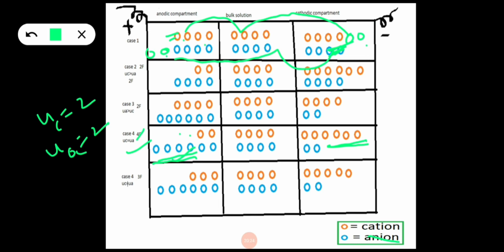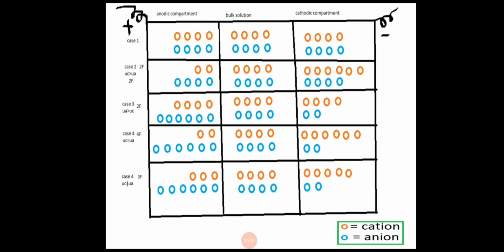And we are passing 4 Faraday of current. So the number of equivalents deposited at any electrode is equal to the amount of current passed. Or, as we already discussed, the number of equivalents deposited is equal to the number of Faradays passed. Here 2 Faraday is passed, so 2 equivalents are deposited. Here also 2 Faraday passed, so 2 equivalents deposited.